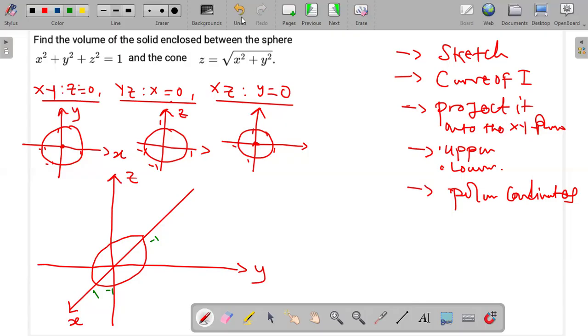No, I'm not drawing in the Z. I'm drawing this in the XY plane, right? So on the X I have 1 and minus 1, and in the Y I have 1 and minus 1. Okay, that is better.